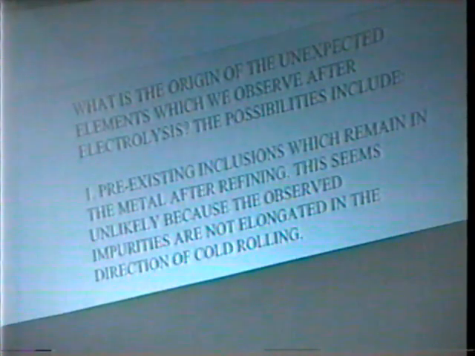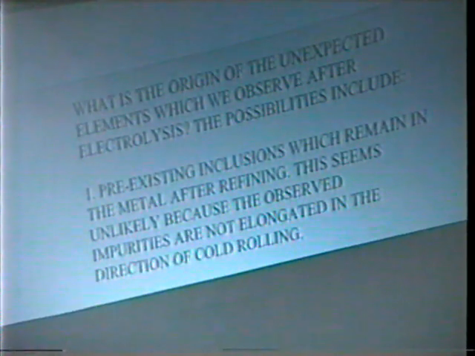And if we detect anything other than titanium, we don't use it. Anyway, we don't think these are pre-existing inclusions because, for example, in that last photo I showed, these would be extended in the rolling direction if they were.